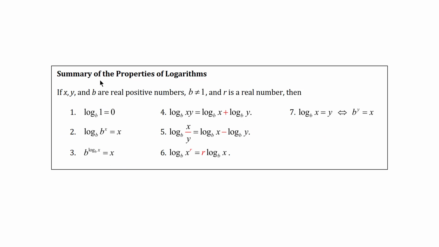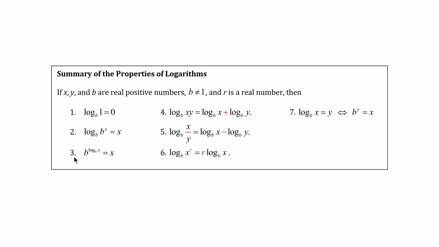Next, we have a summary of the properties of logarithms from the previous video. So I just put them in this video just as a reminder or a reference just in case you needed them. It states here if x, y, and b are real positive numbers, b not equal to 0, and r is a real number, then for number 1, we have log base b of 1 equals 0. For number 2, we have log base b of b to the x power equals x.